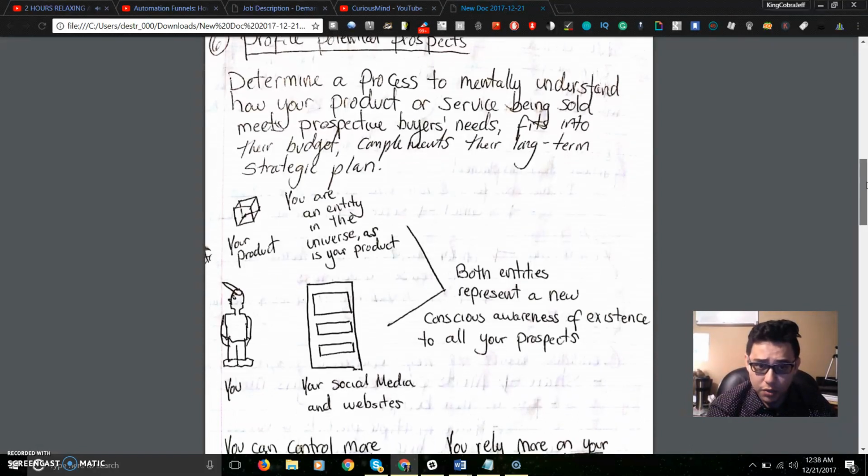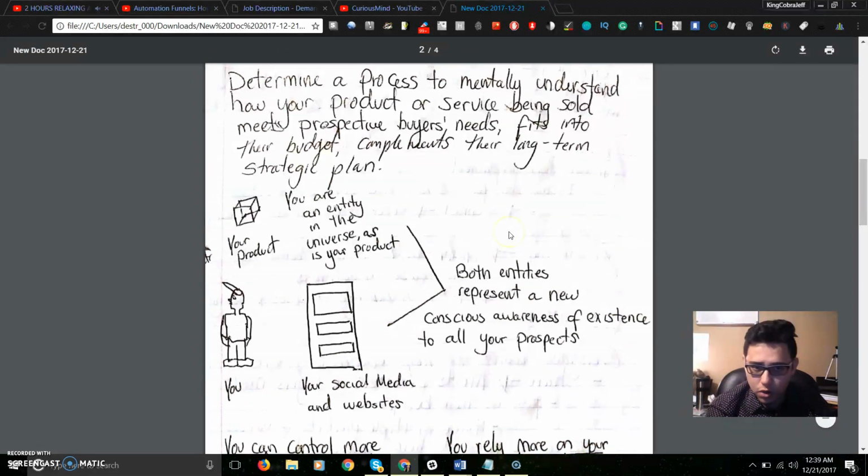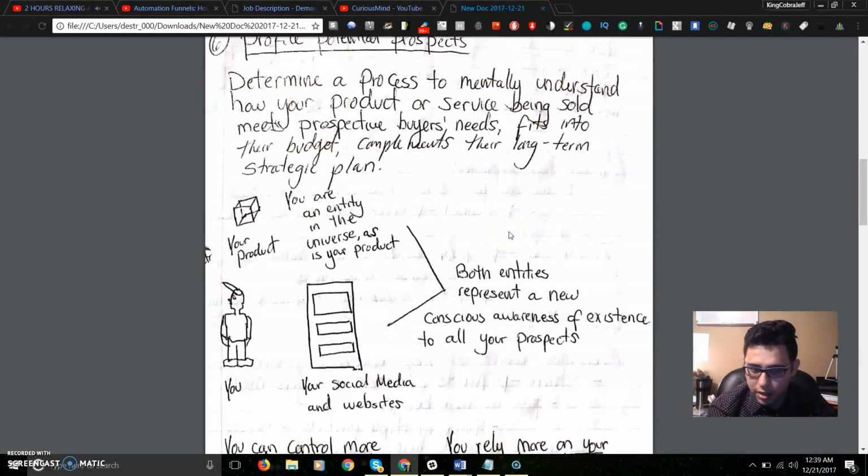So you have to know that whenever you meet somebody, you are an entity in this universe, and so is your product. So here's you, here's your product, and the idea is that you're trying to combine both into the social media. And the whole point of getting people on your social media is that you want to make a connection, so they could potentially eventually go on the website and work on the app.